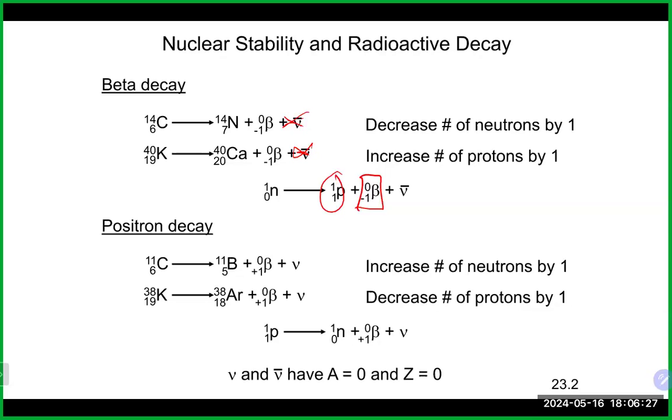Now, ultimately, what happens here is the change is 0 minus 1, which means we actually need to go up in atomic number to account for the minus, and the mass number overall really doesn't change. So we see that here, 6 on the bottom, 7, and minus 1 gives us 6, 14 on top, and 14 and 0.